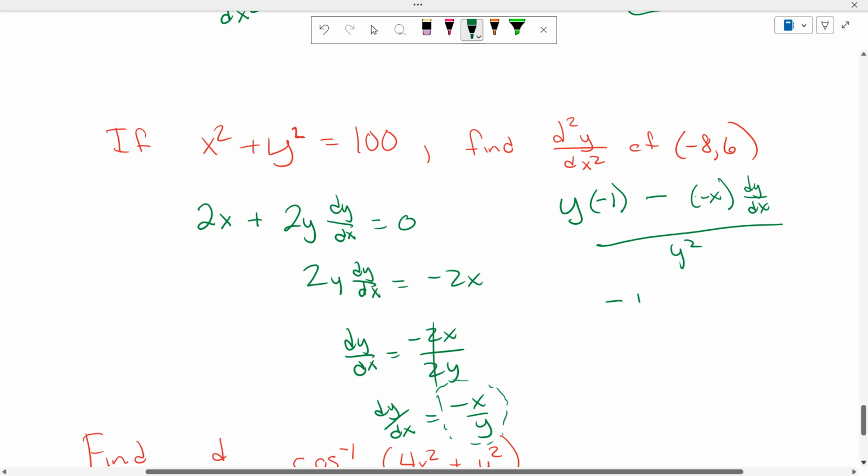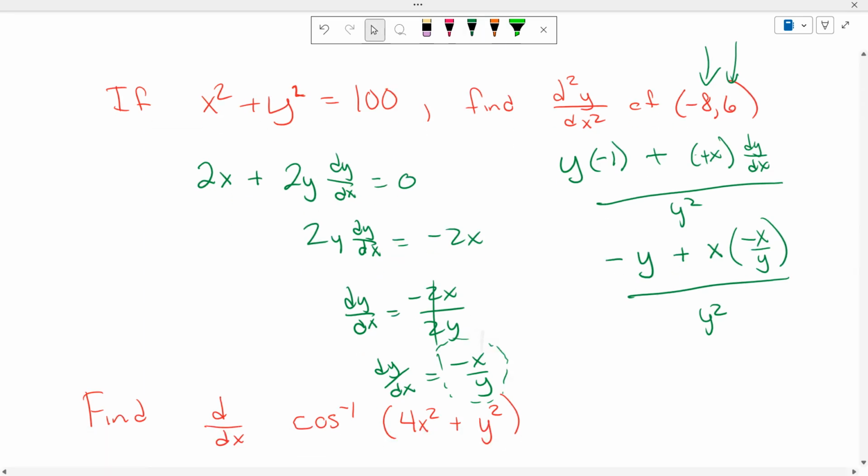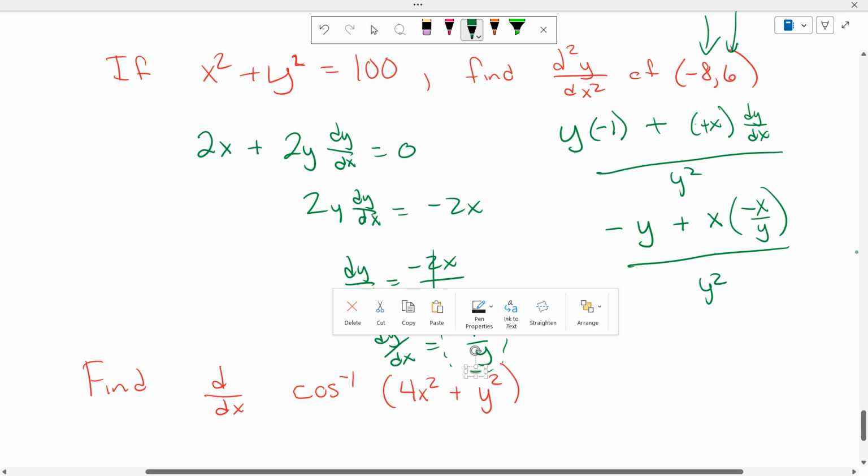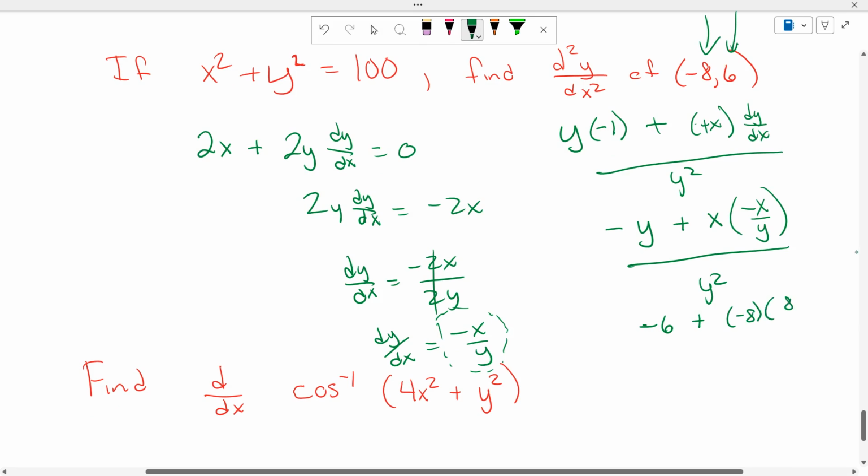So it's negative y plus x, because minus a negative is plus a positive, times negative x over y squared. Now at this point, instead of simplifying it anymore, we've got numbers that we have to put in. Might as well just put the numbers in now. So it's negative 6 plus negative 8 times the negative of negative 8 is positive 8 over 6 all over 6 squared.